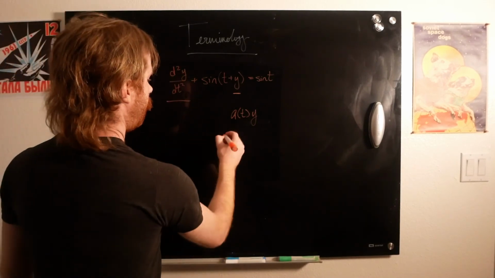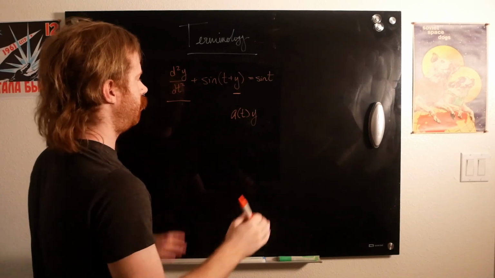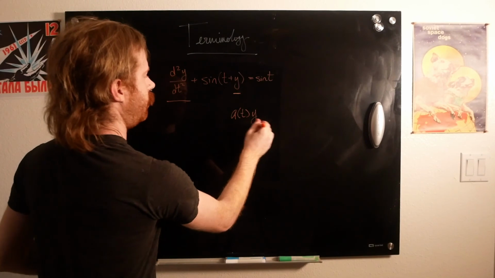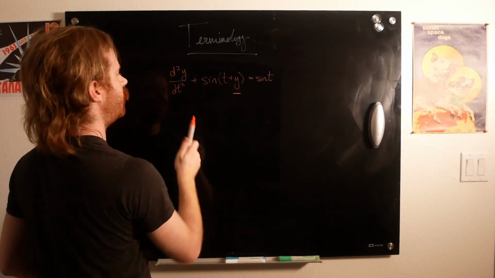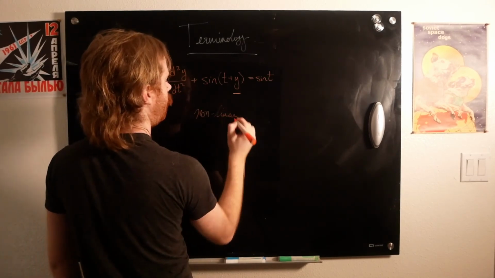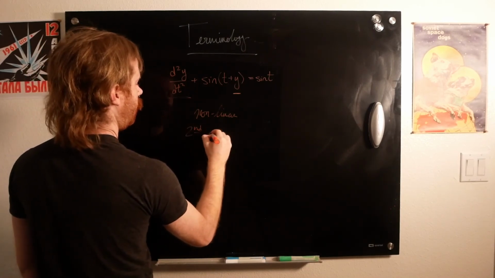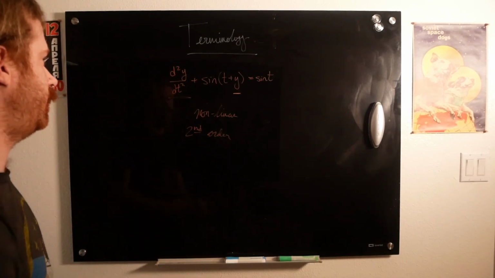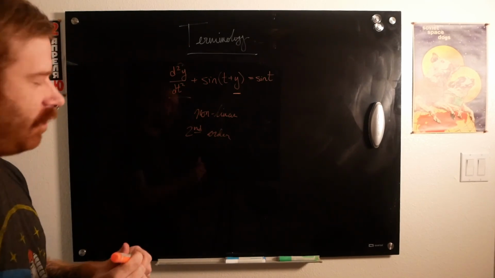This is like an embedded function with y. So this is going to be nonlinear, and the order is going to be second order. So we have a nonlinear second order differential equation. Second order because the highest derivative of y is the second derivative.